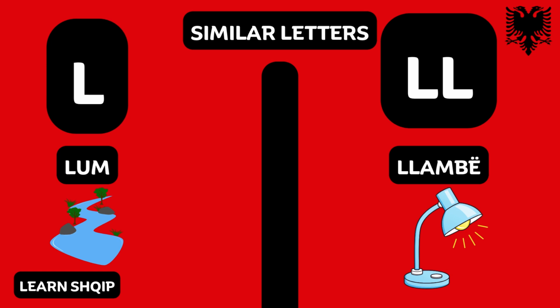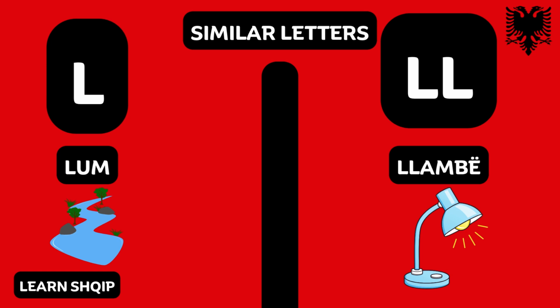And then the double L, you are going to pronounce it this way: L. For example, lamp, in Albanian, you can say lamb. Let's repeat them once again. The single L, and then the double L.